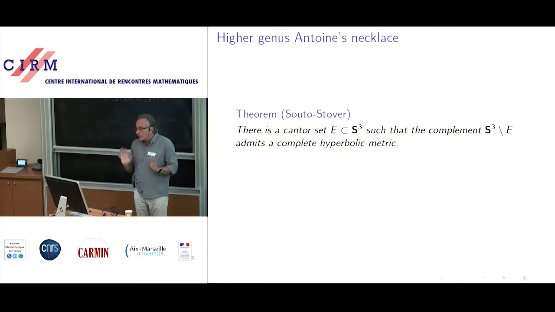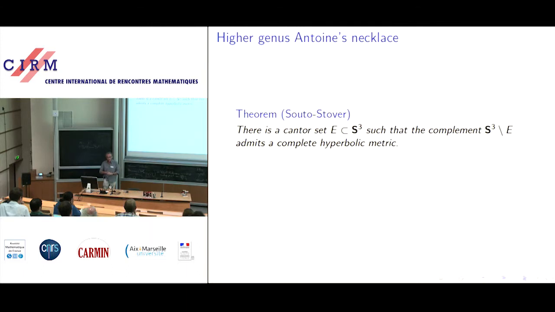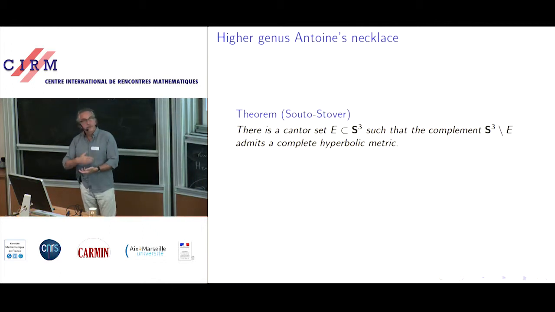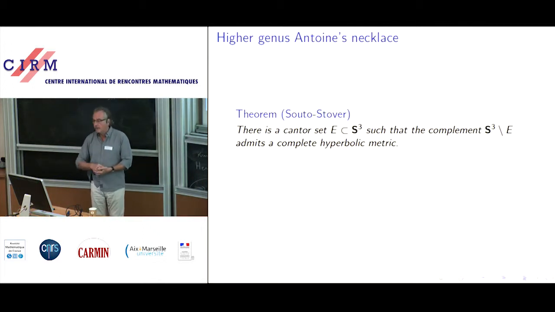It's quite unbelievable to me, because all the examples that I've looked at do not show any possibility of having a hyperbolic metric on the complement, but it's true. It's not constructive. The theorem says there exists, and in fact, it's a work on representations. It follows very closely the work of Thurston on representations into PSL2 of C.